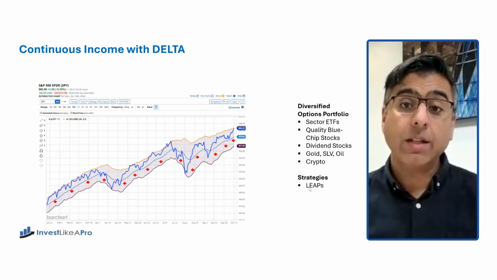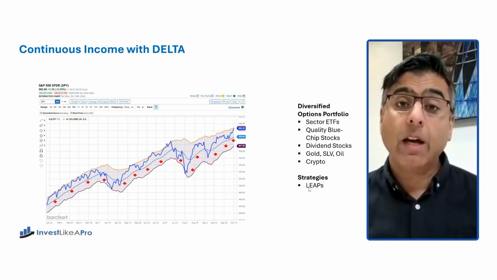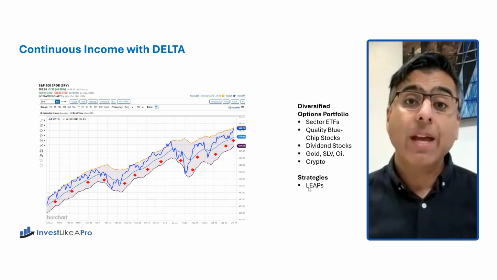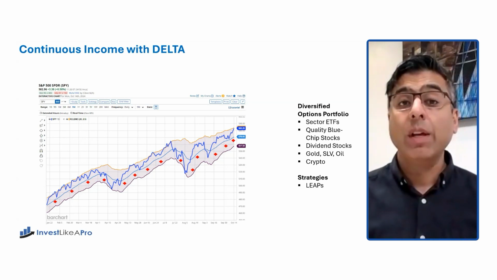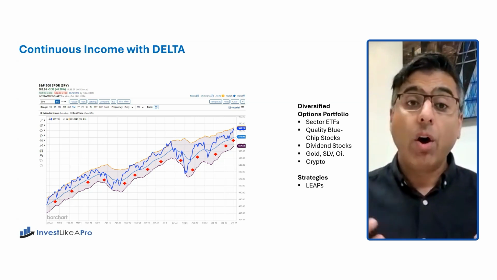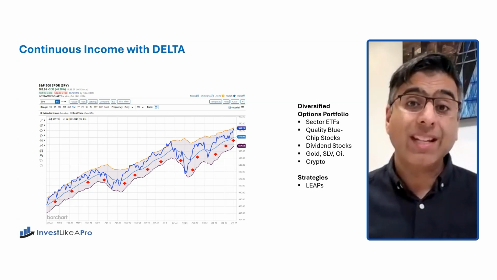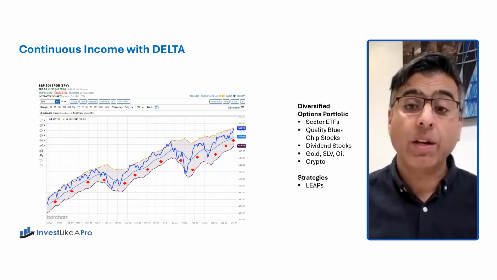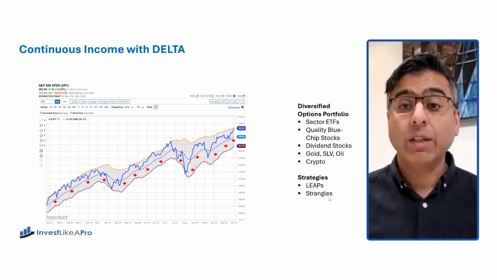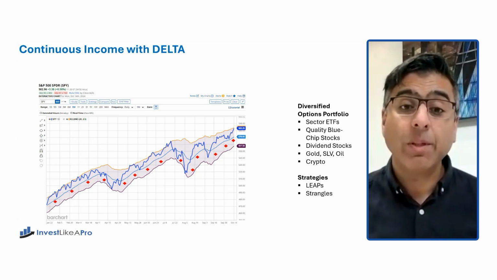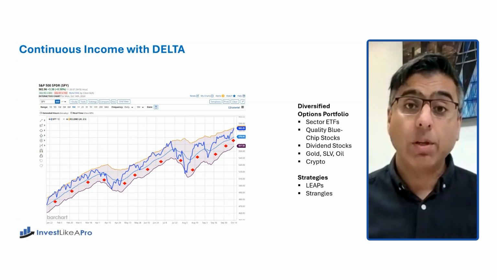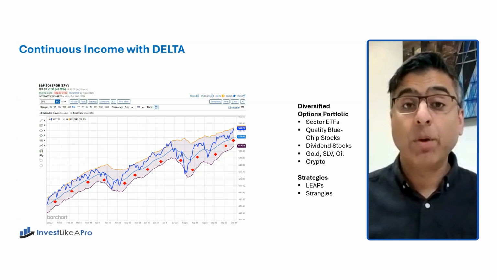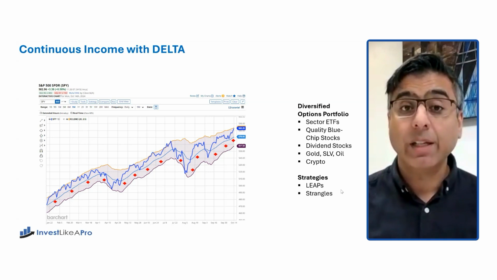So those are the underlyings, different strategies. LEAPS. These are long-term securities which enable you to gain control of your chosen underlyings at a fraction of the price. Very powerful strategy. Strangles enable you to create double your income by selling both calls and puts at the same time, simultaneously.